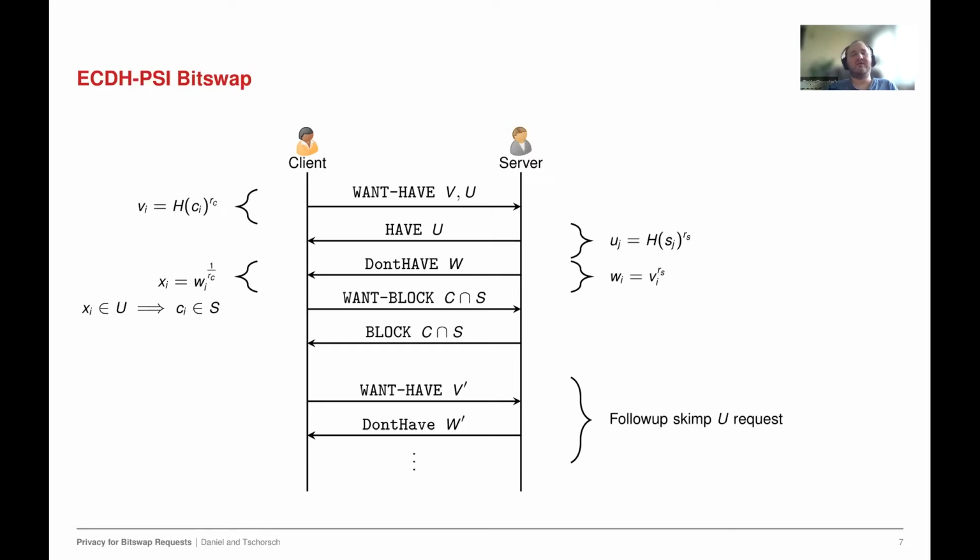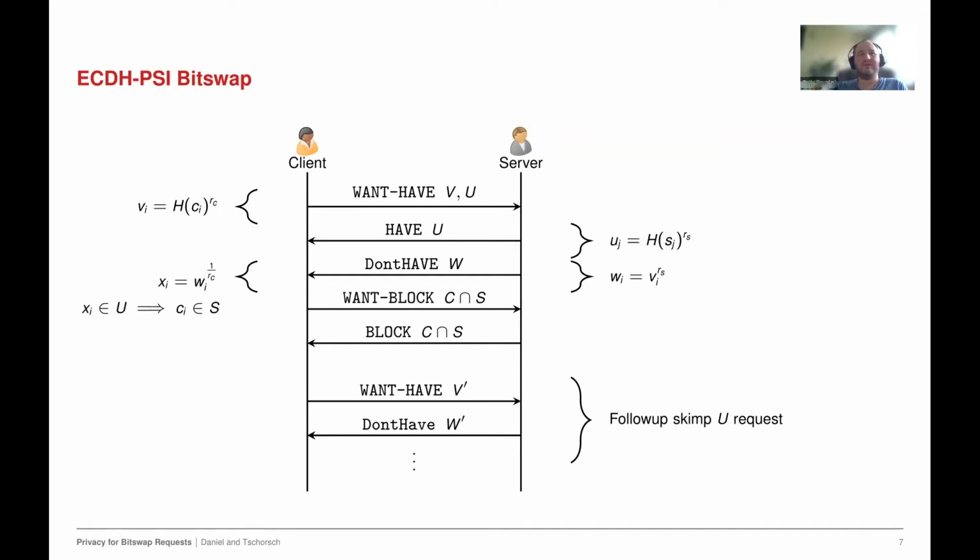In this case, they are also transformed, of course, and he also transforms the received V by also multiplying it with his own random number and then sends them back. The client then can do the whole PSI matching, again applying some math to the received value, seeing if it's in the set, and then if it is in the set, he knows he can request that block, receives the block, and the whole exchange is done.